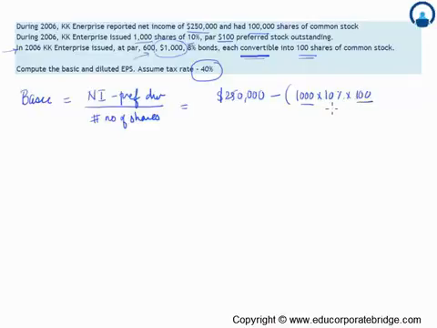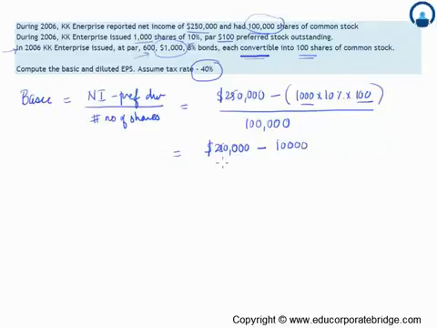The total number of shares outstanding is 100,000 common shares. So this comes out to be $250,000 minus $10,000, divided by 100,000, which is equal to $2.40. So this is your basic EPS.